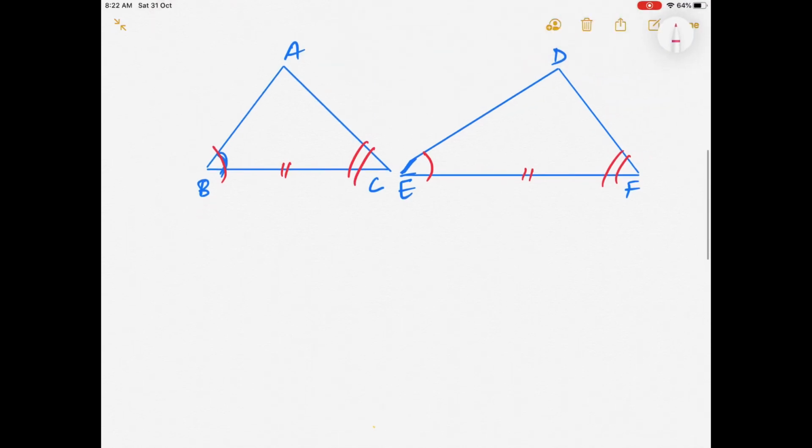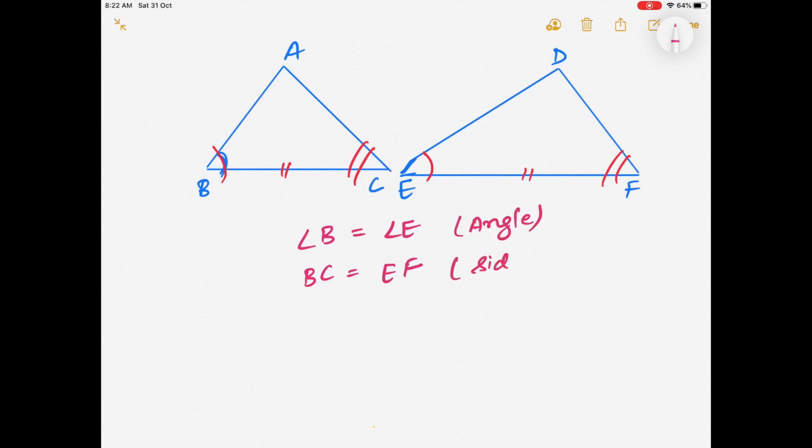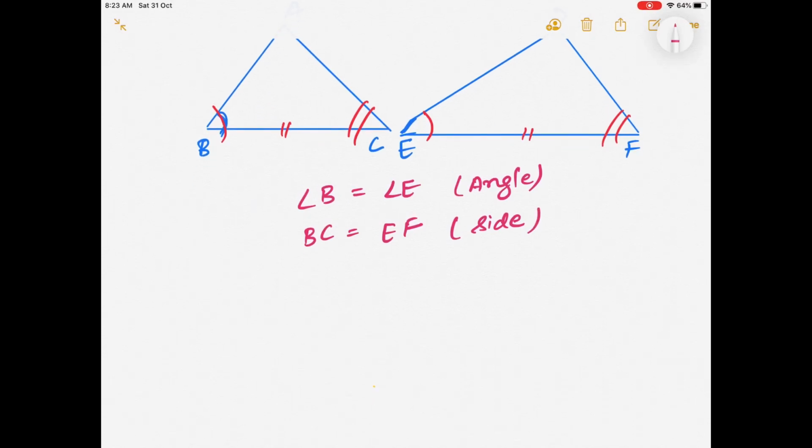So basically, angle B is equal to angle E, and BC is equal to EF, this is our side. You have to write all these things so that you can get full marks. And angle C is equal to angle F, and this is also an angle.